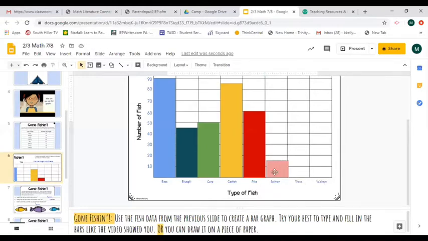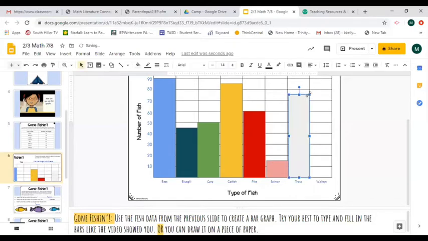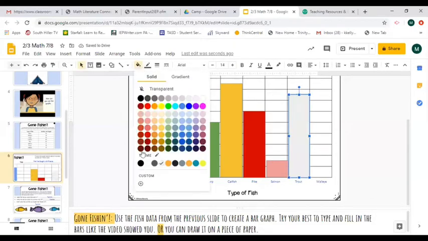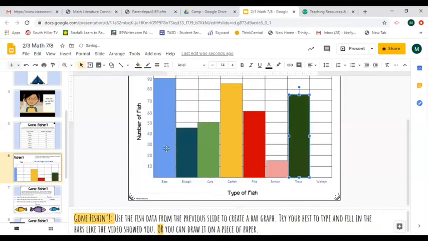We have trout next. We caught 75 of those. I'll go up to 70 and then I'll go halfway in between 70 and 80. We have 75 trout. I'll do dark green.